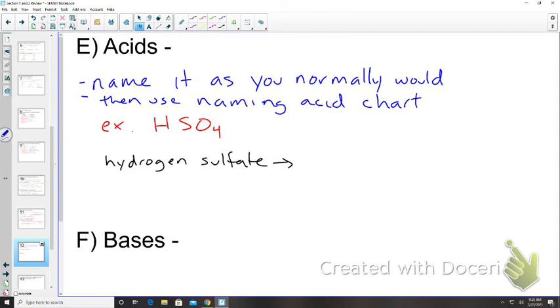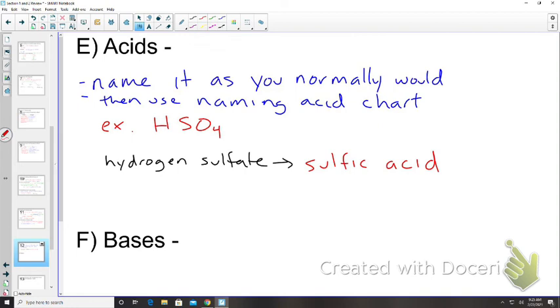So we have hydrogen sulfate. Hydrogen sulfate becomes sulfuric, sulfic acid. So I just looked at the compound, named it as I normally would, hydrogen sulfate, and then because it's an acid, you take it to the naming acids chart, which you guys will be given, and then you go, okay, I have hydrogen sulfate, and that becomes sulfic acid.